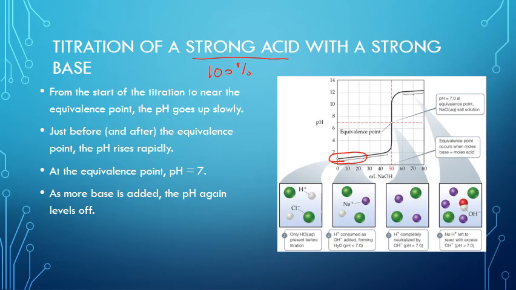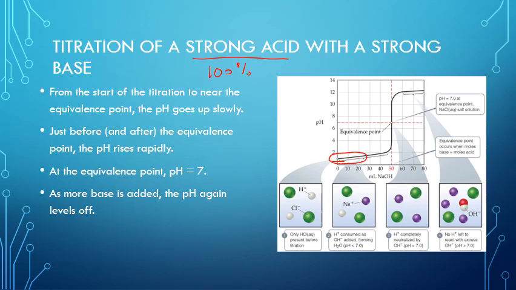Just before we hit the equivalence point, now you can see this is where we start to get a very rapid increase in the pH. That's because nearing the equivalence point, we have very little of the H+ or the OH-, depending on the situation, still left in the solution. So by adding a little bit of the titrant, you're going to now flip the scenario.